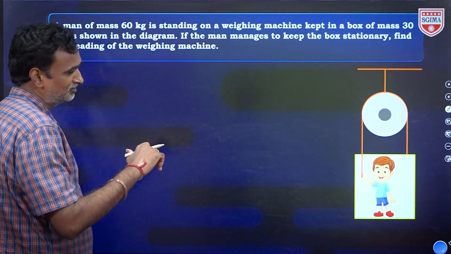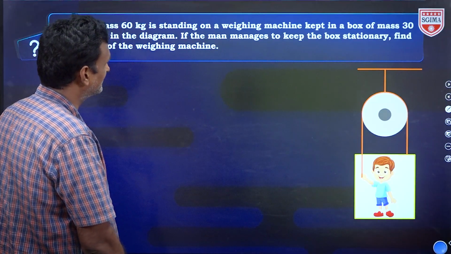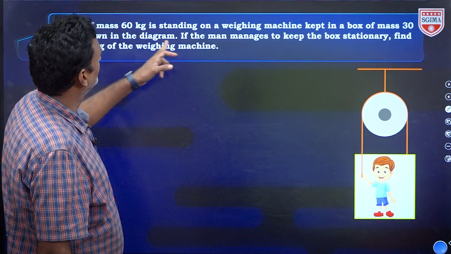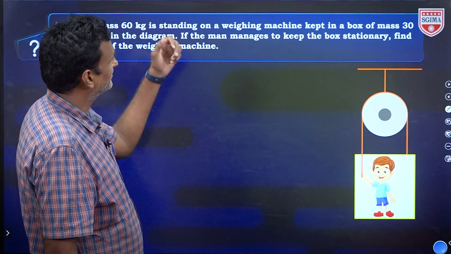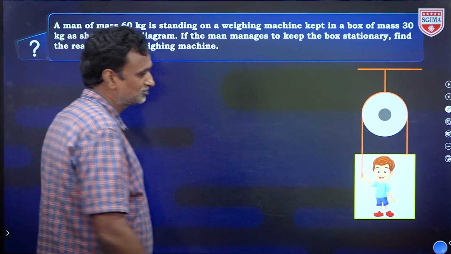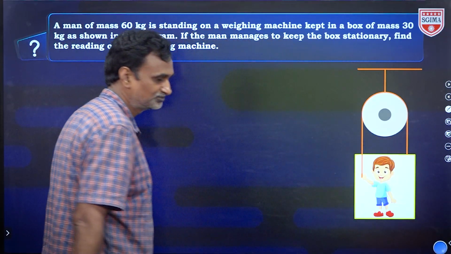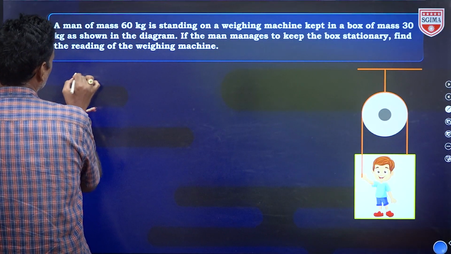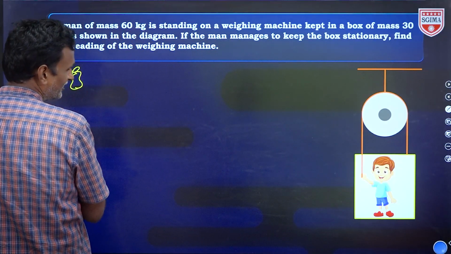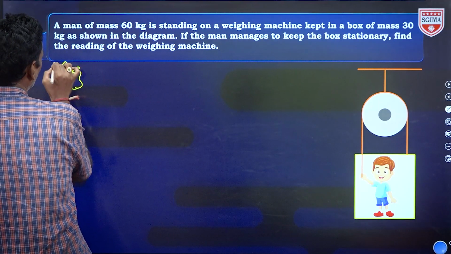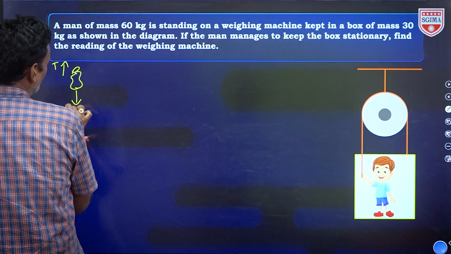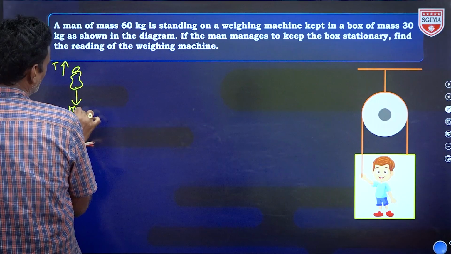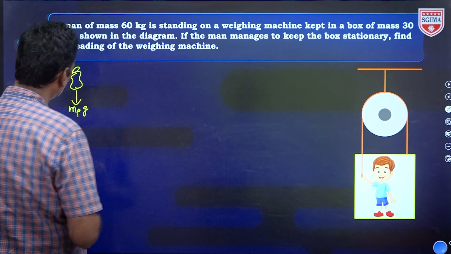For the person, standing in a weighing machine kept in the box, now you can assume this as a complete box, right? So now let us consider the person. For the person, I am writing one tension upward and the person's weight downward, mass of person into g downward.